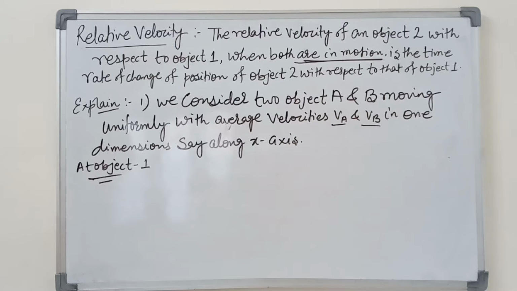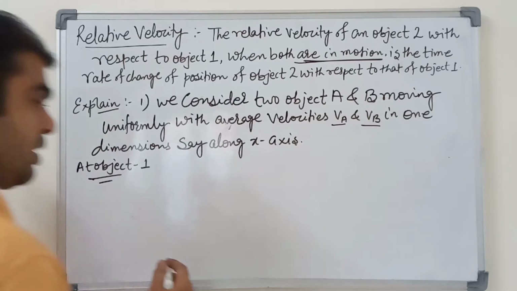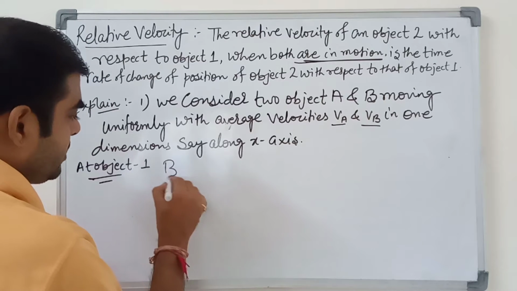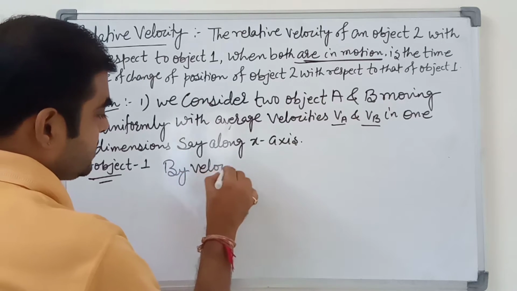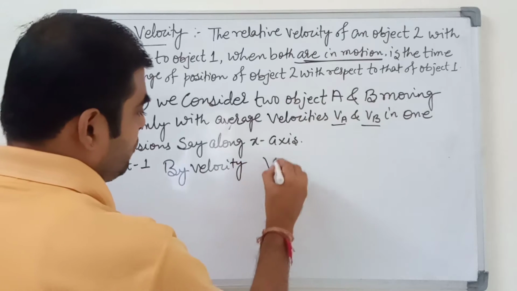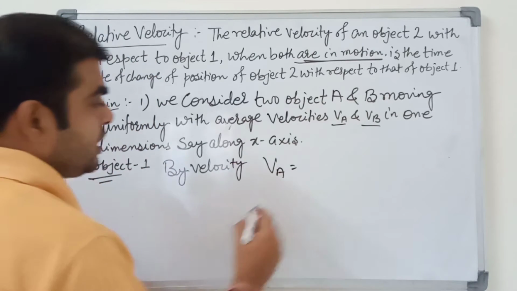Now, first, the velocity definition: vA is equal to the change in position.